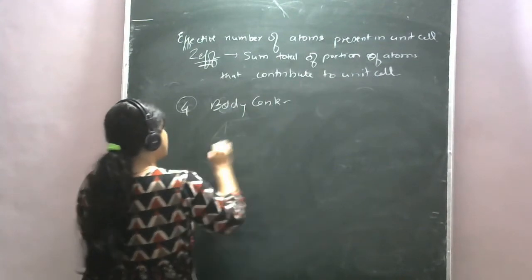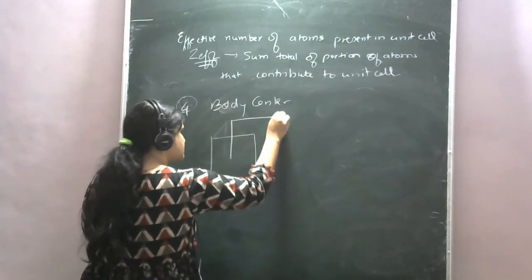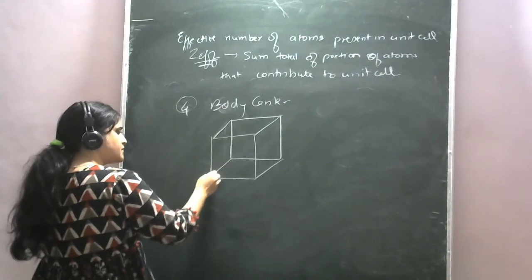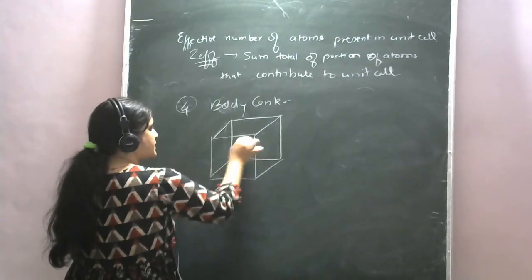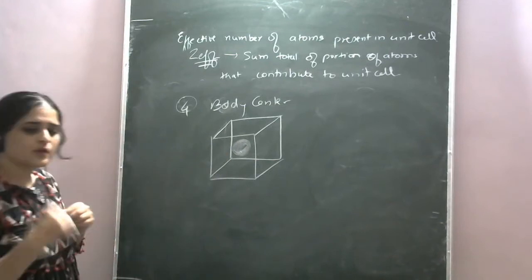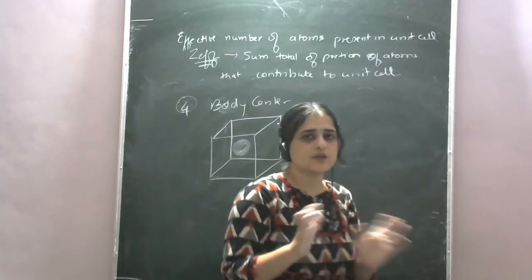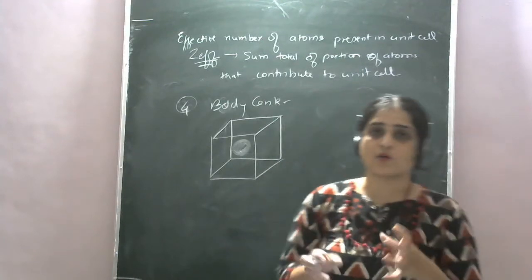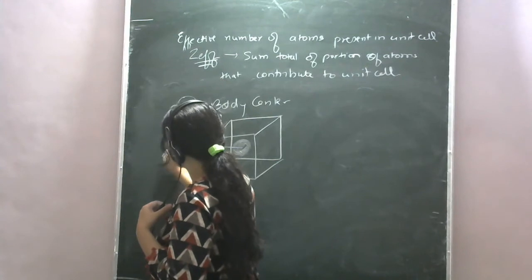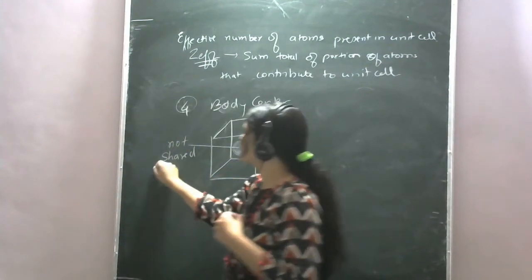When you talk about the body center, it means that the atom is present at the center of the cube. Now the important point of this is what? This atom is not shared with other unit cells. It is totally the part of that particular unit cell. So you can say it is not shared, right? With the other unit cell.